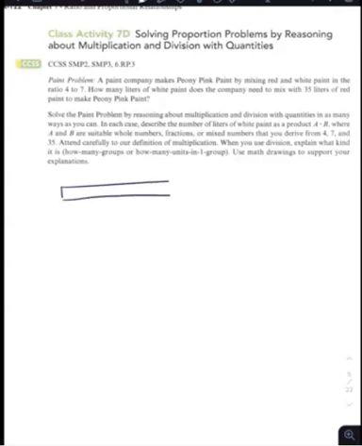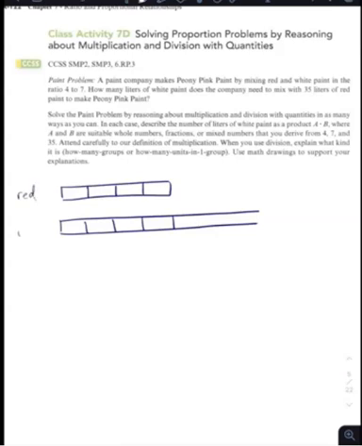Well, let's see. If we draw it, we have 4 red and 7 white. Okay, 4 red and 7 white.